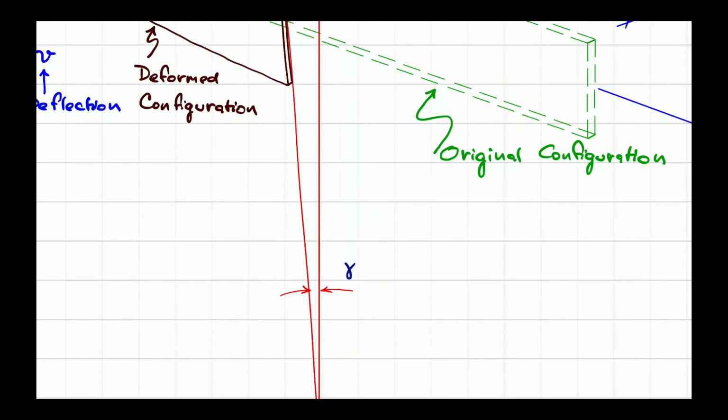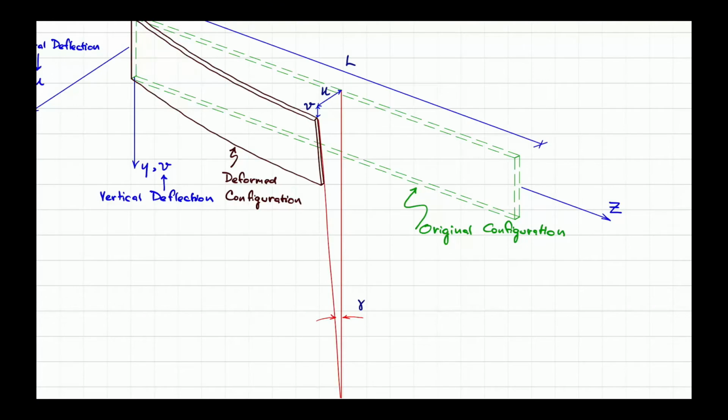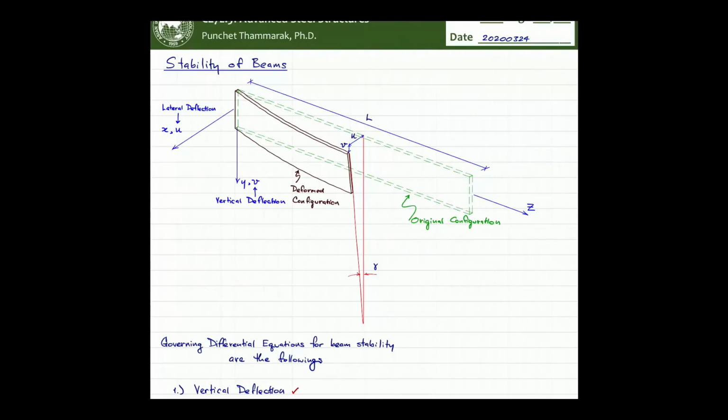And also, since this cross section will be experiencing the torsional effect, it will rotate, and that's going to cause this rotation, and the angle of rotation is represented by gamma. All of these u, v, and gamma are changing along the z direction.